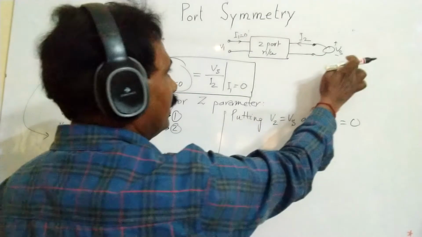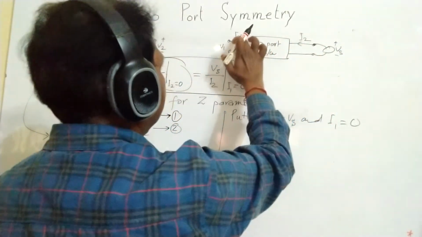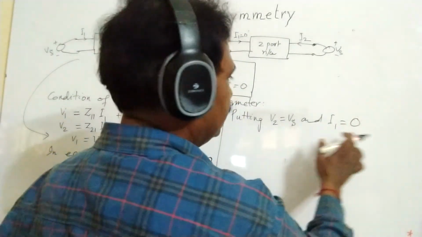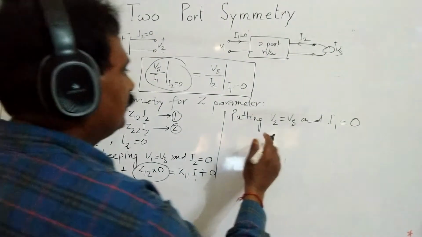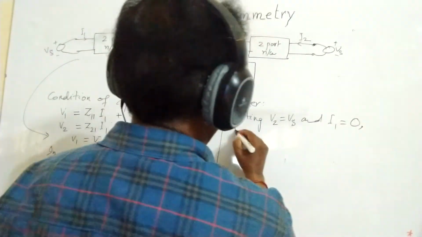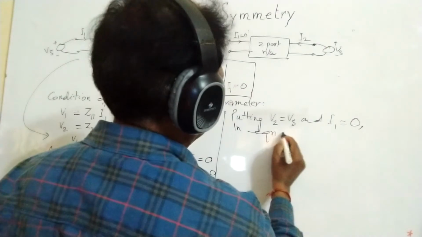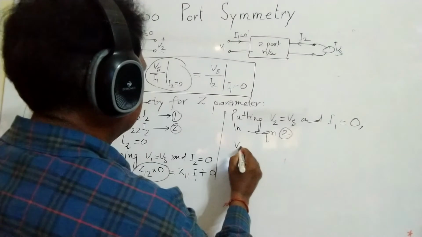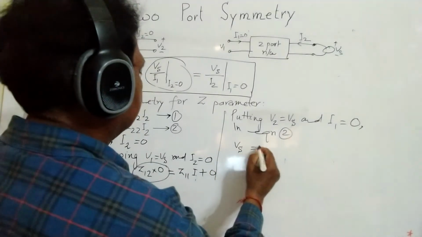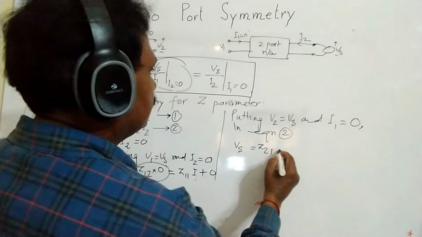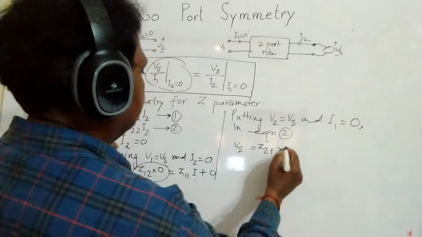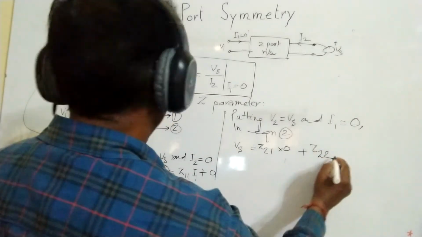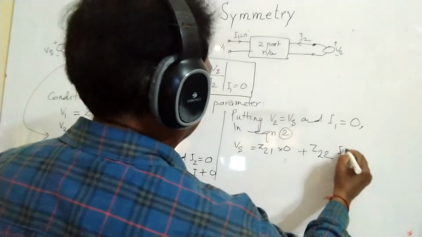In place of V2 we have taken Vs, and this is open circuited, so I1 is 0. Putting this value in standard equation 2, V2 is Vs, this is Z21 and I1 is 0, plus Z22 I2.